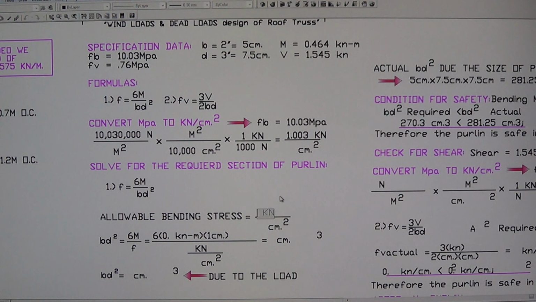The allowable stress, which is 1.003 kilonewton per square centimeter. Now substitute the value of the moment M from moment distribution, which is 4.64 kilonewton meter. Now we have to substitute that value here, and the F here will also be substituted with 1.003.